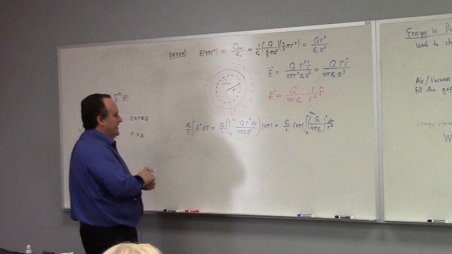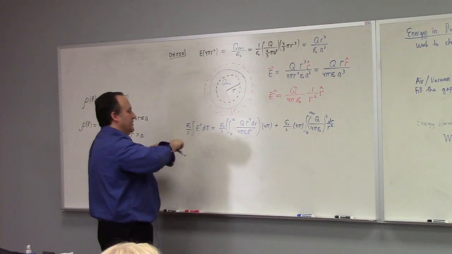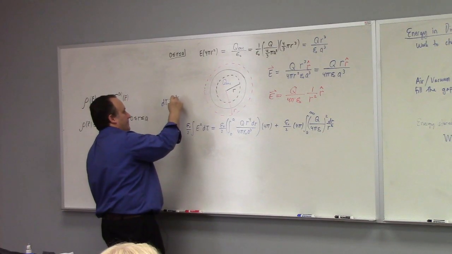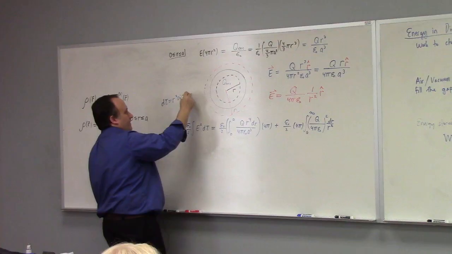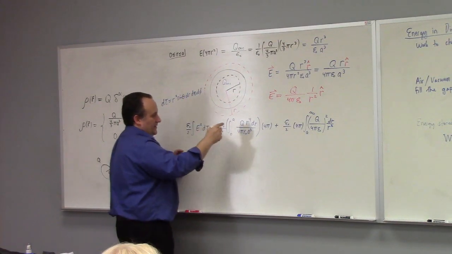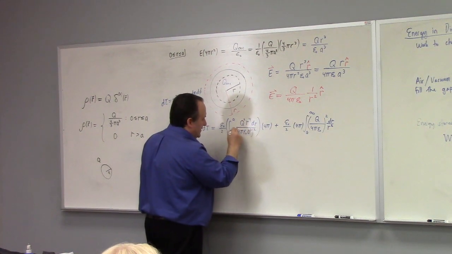But remember, we're integrating E squared, so the r squares. Oh, right. So I get an r squared times the r squared and the d tau. The Q also squares. Yes. Squares and squares.